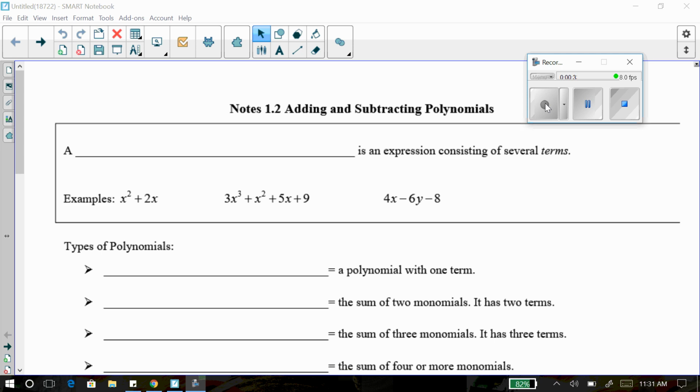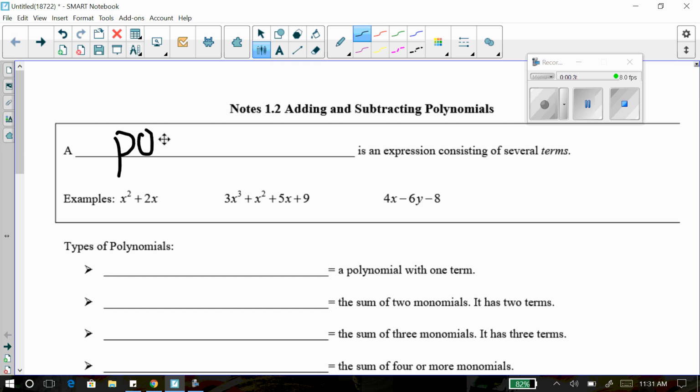So a polynomial, if you remember, is an expression consisting of several terms. On your line in your notes, go ahead and type in polynomials. There should be a text box already there for you.